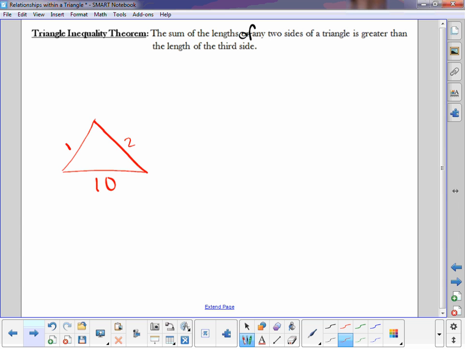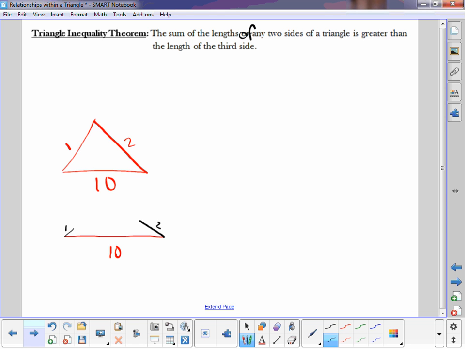Decide yes or no, and why. Alright, bring it back up front. Give me thumbs up if yes, it can be a triangle. Thumbs down if no.